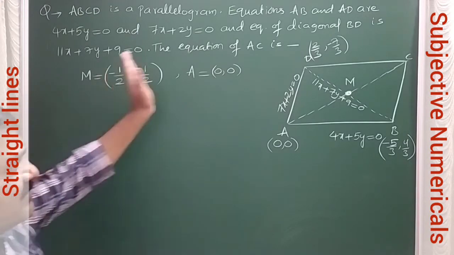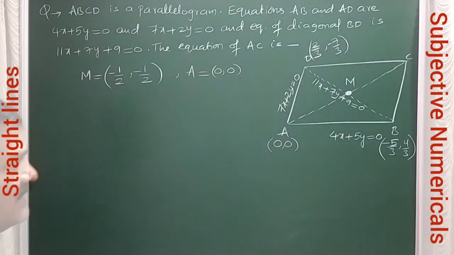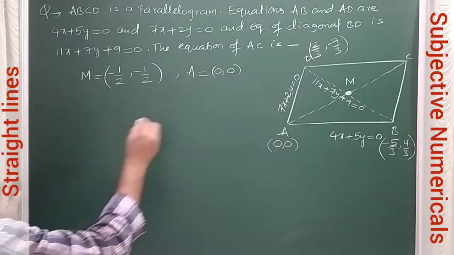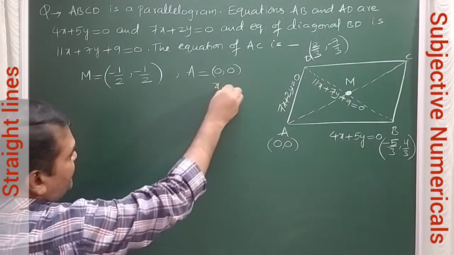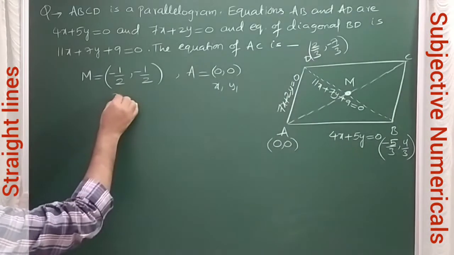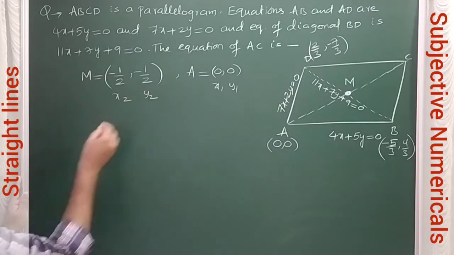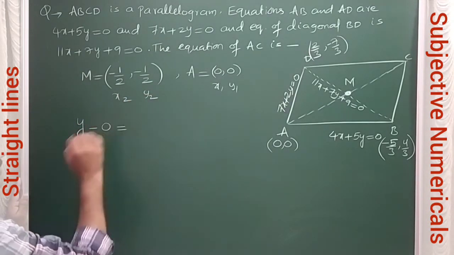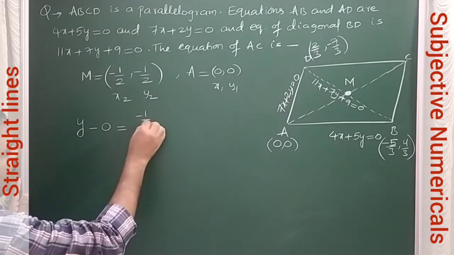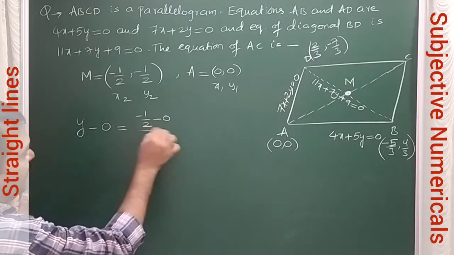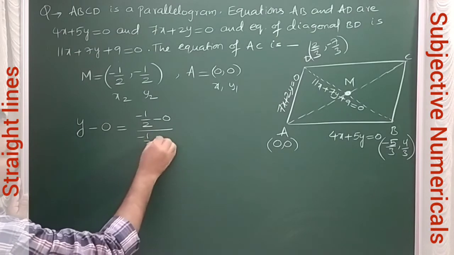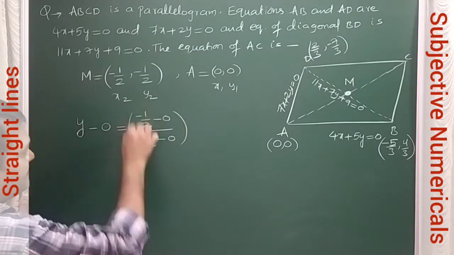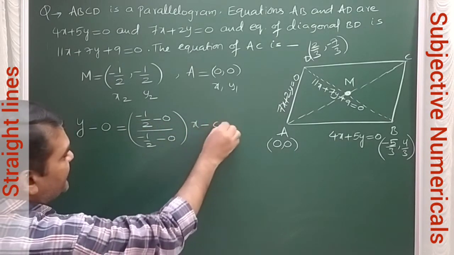Using the 2-point formula to find the equation of the line, I will take this as x1, y1 and this as x2, y2. Therefore y minus y1 is equal to y2 minus y1 by x2 minus x1 into x minus x1.